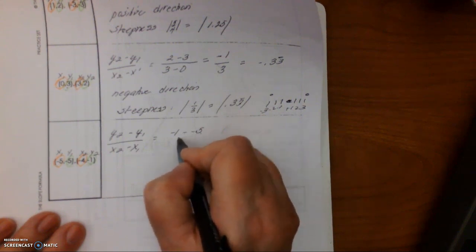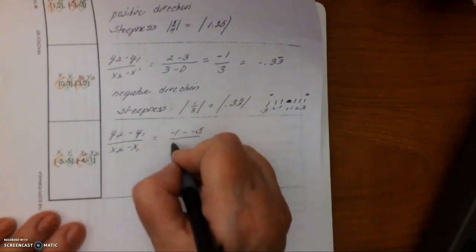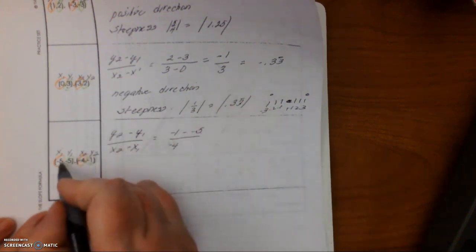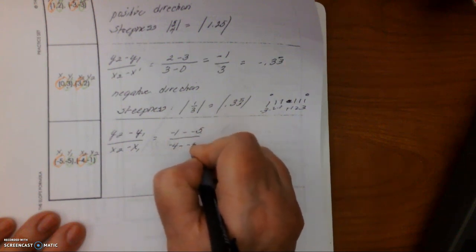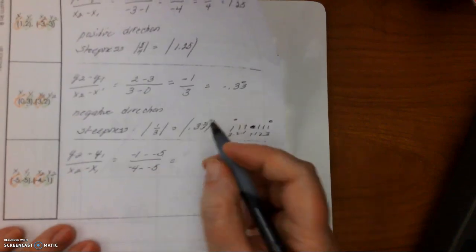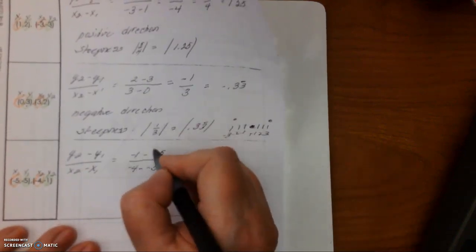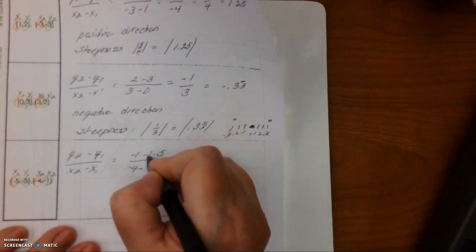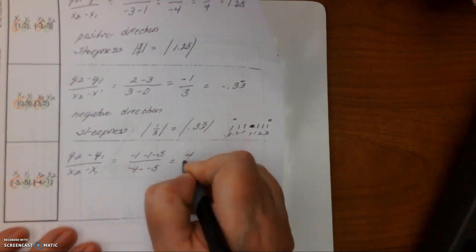Remember to put the extra negative sign there. x2 is negative 4, and x1 is subtract negative 5. So what we have to do is minus plus 5. So this would become 5 minus 1, which is 4.